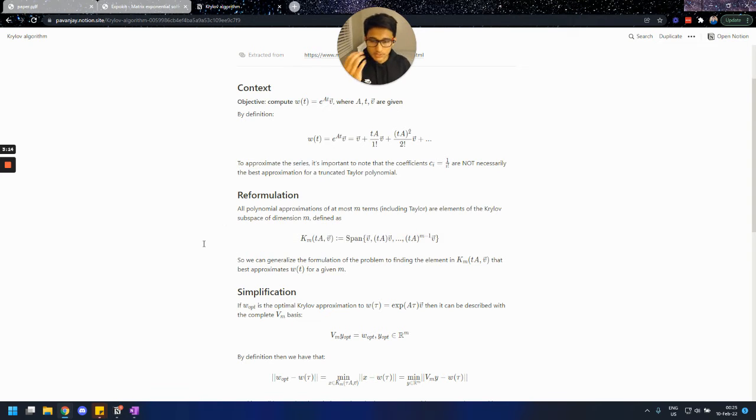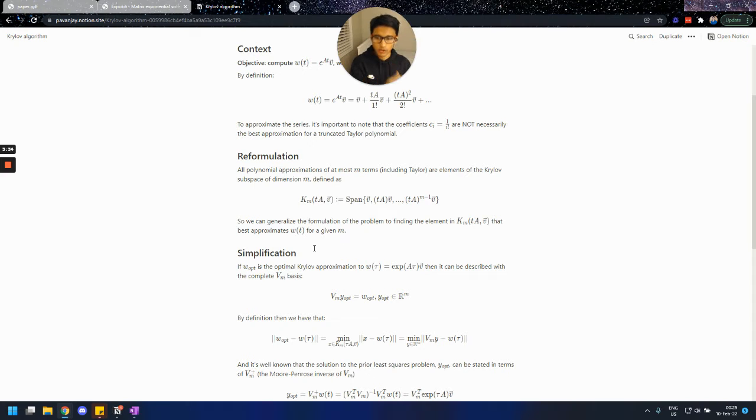And so we can say that finding the optimal W of t for a given number of terms m is actually akin to finding the optimal element within this set, within the Krylov subspace.